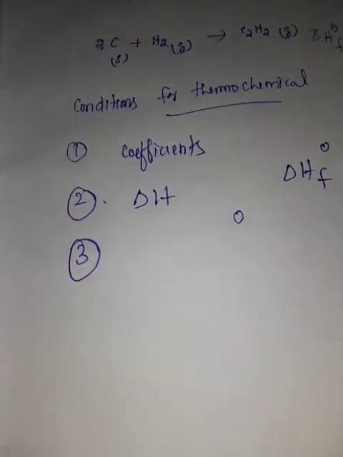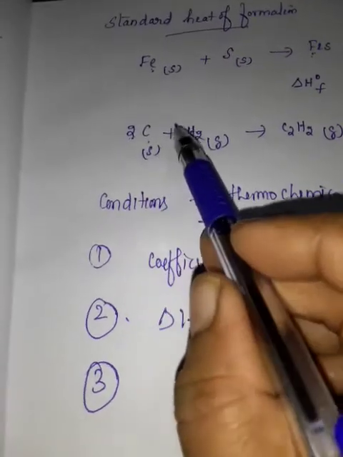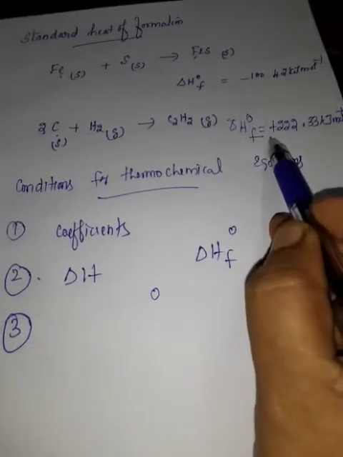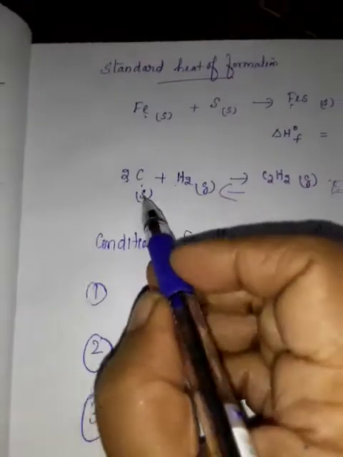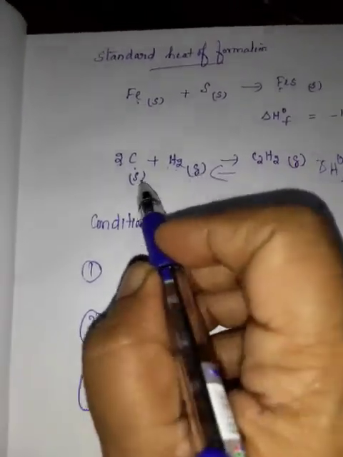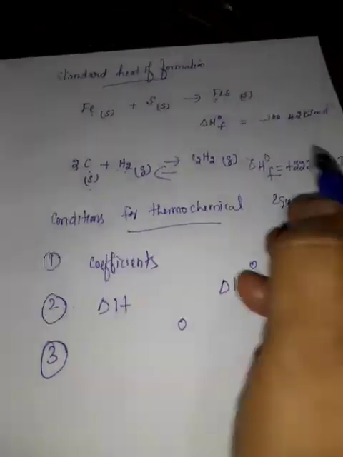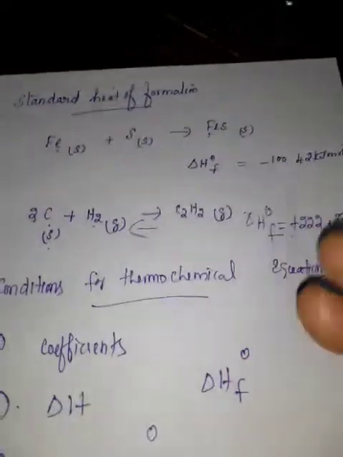Third one. When the chemical equation is reversed, for example, C plus H2 giving C2H2, this is a forward reaction having a positive sign. Now it is reversed, C2H2 giving back C plus H2, this is the reverse reaction, so the sign is also reversed. Plus in the forward reaction becomes minus in the backward reaction, and minus becomes plus.